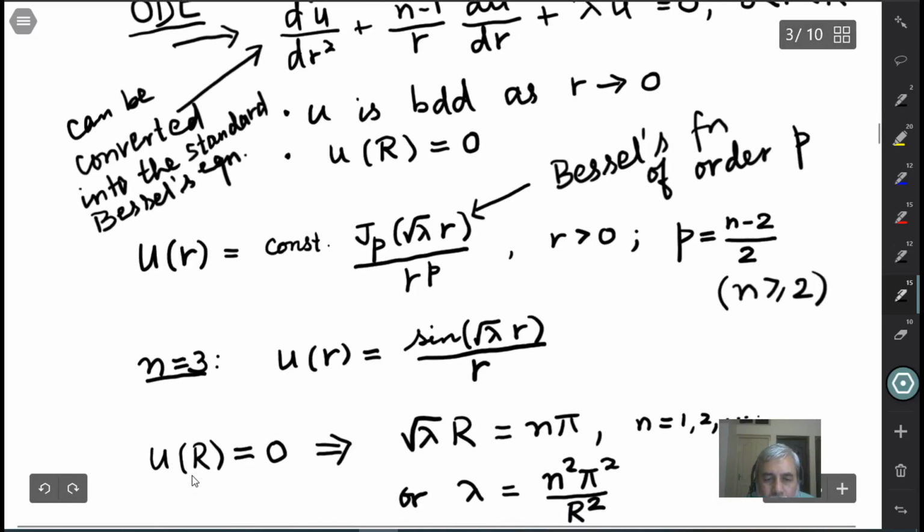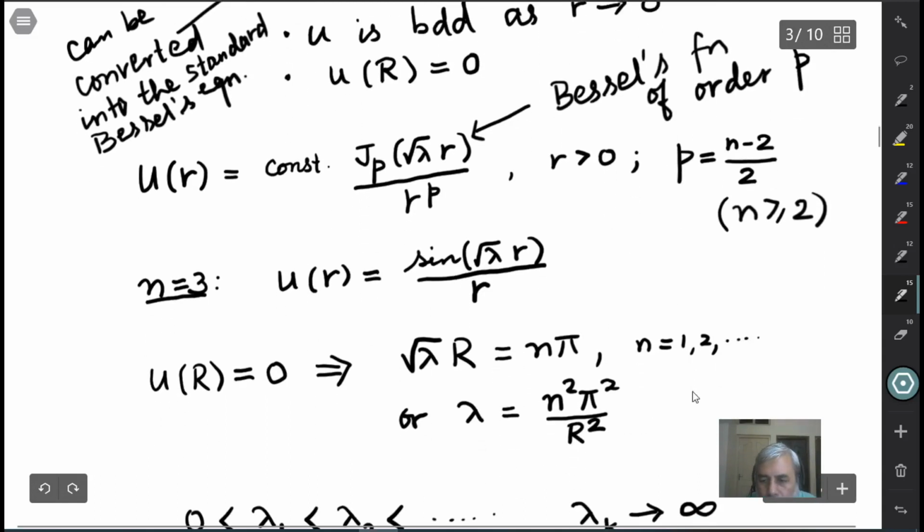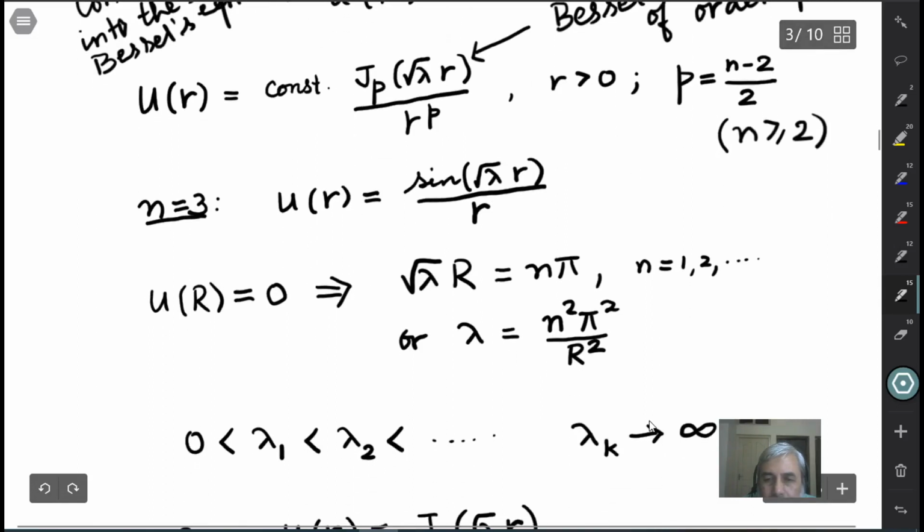So we want to have this condition, u of R equal to 0, and that implies this root lambda times big R must be a multiple of pi, because those are the roots of the sine function, or this lambda is equal to n square pi square by R square.